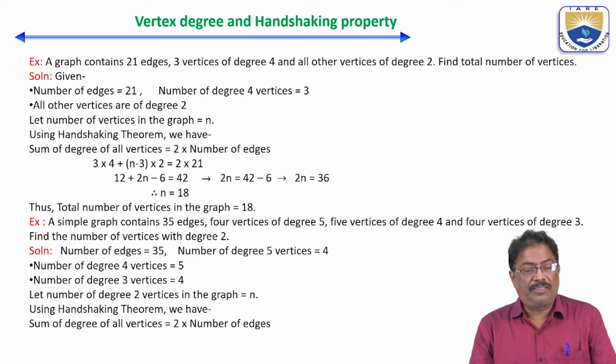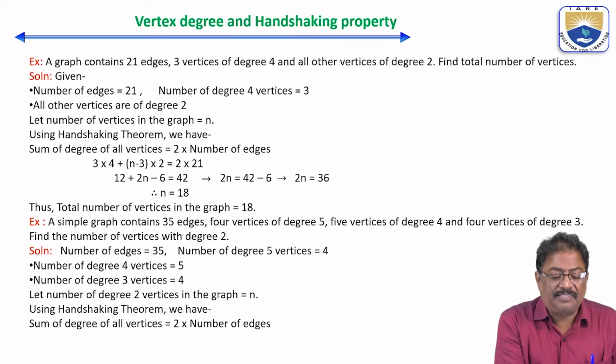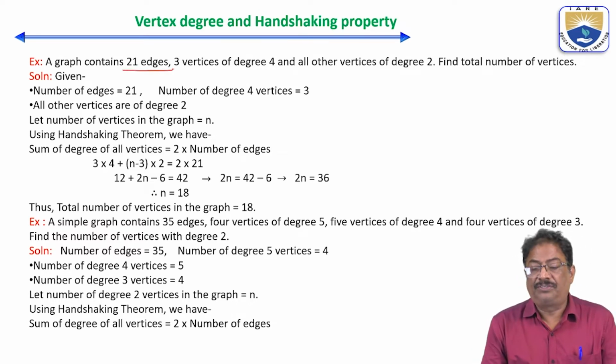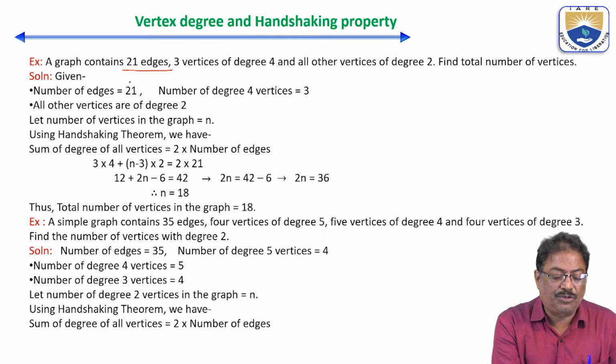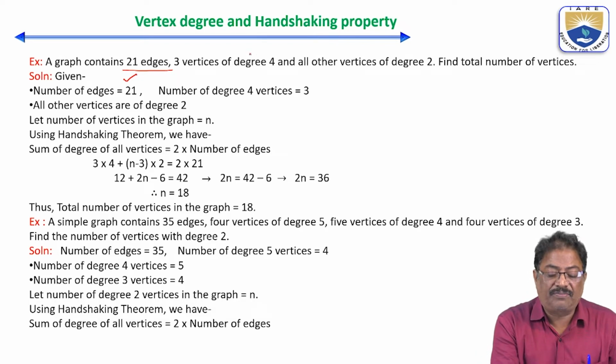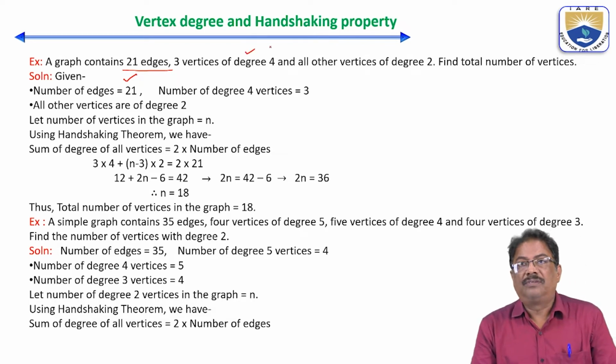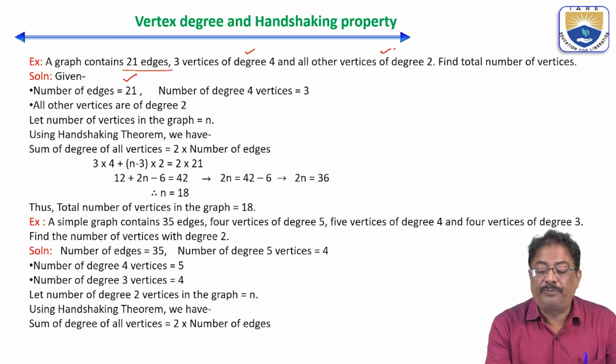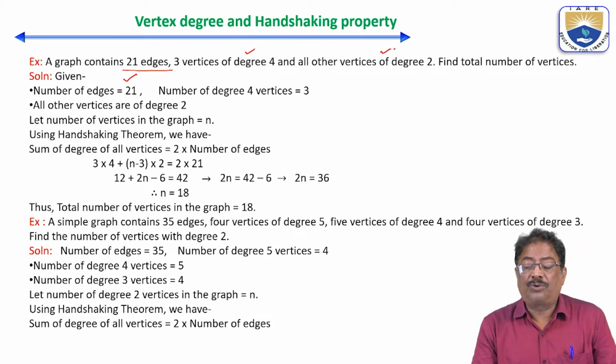Now, let us go for the other example. A graph consists of 21 edges, so it is given m equals 21, the number of edges is 21, with 3 vertices of degree 4 and the other vertices of degree 2. Then find the total number of vertices.